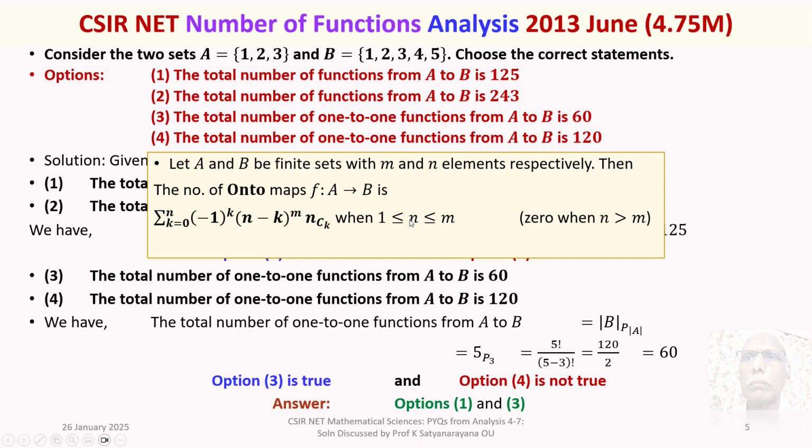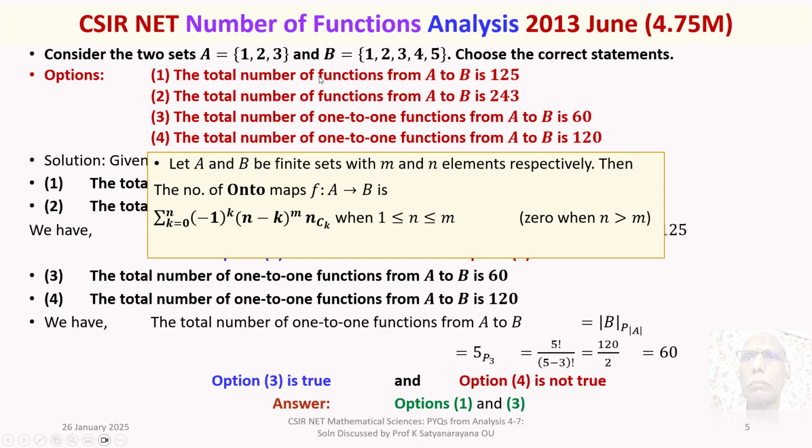Only then will so many onto functions exist. When n is greater than m, that is, the order of the codomain is greater than the order of the domain, then there are no onto functions and the number of onto functions will be 0.